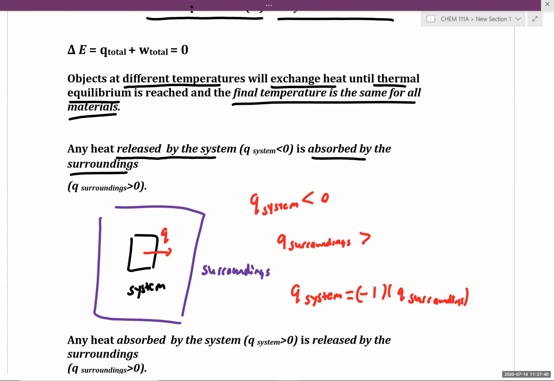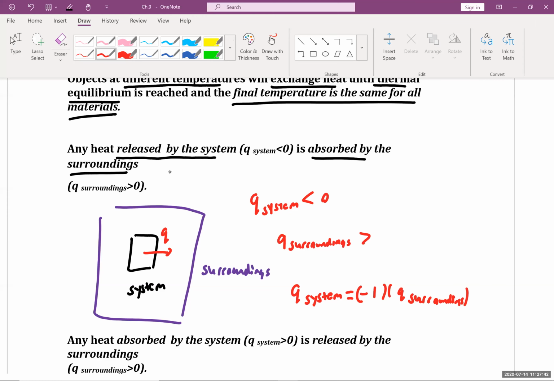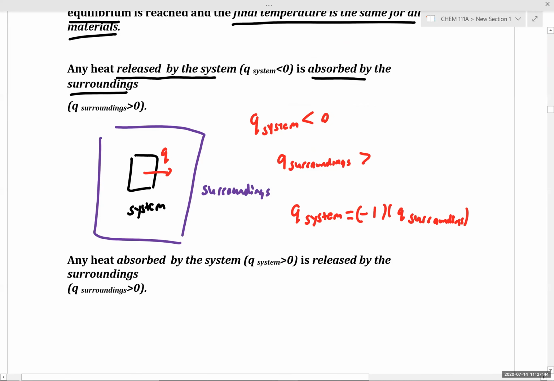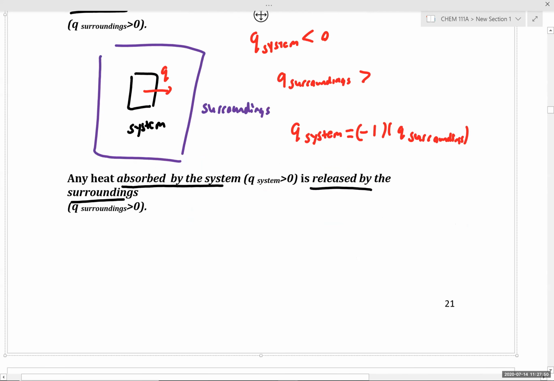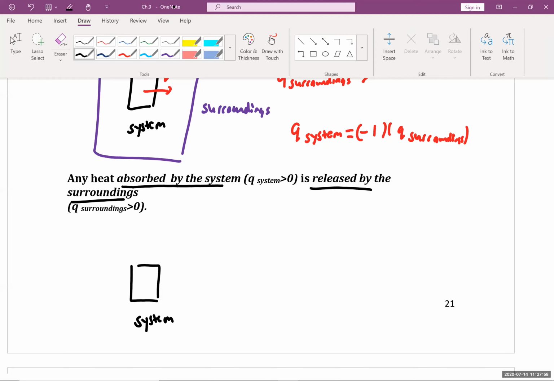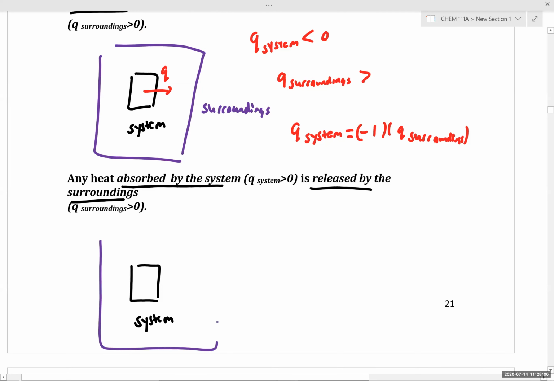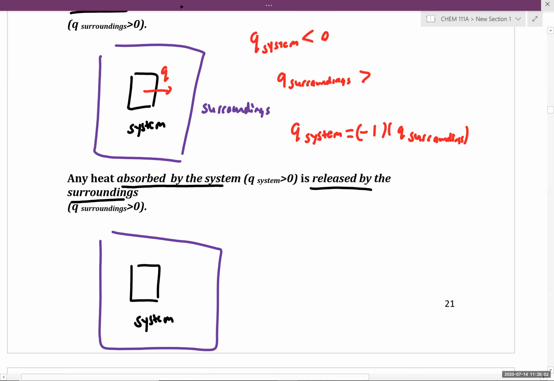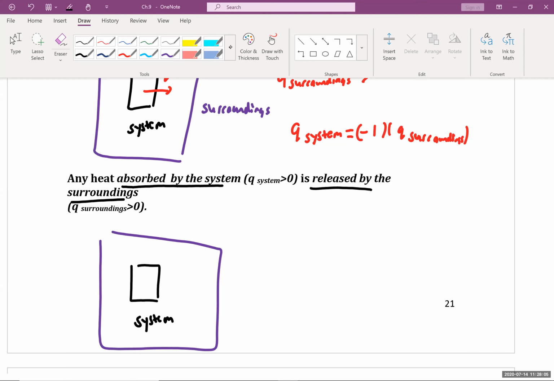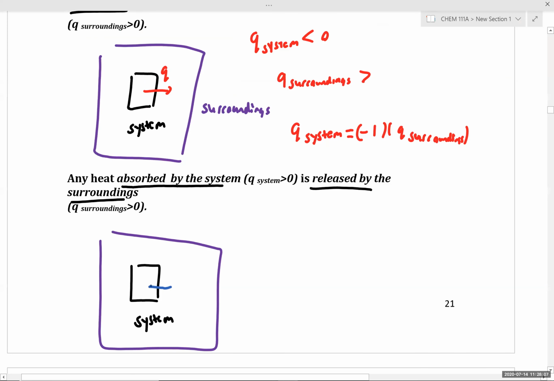To look at the converse example, any heat absorbed by the system must be released by the surroundings. So for example, if we have our system, and this time our system is absorbing heat from our surroundings, so it's engaging in an endothermic process.